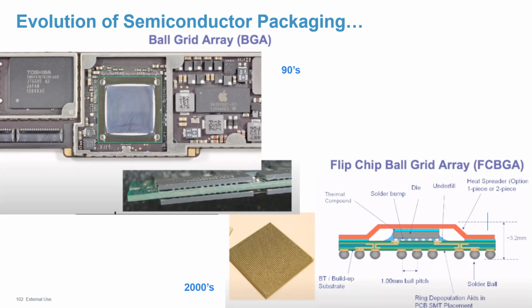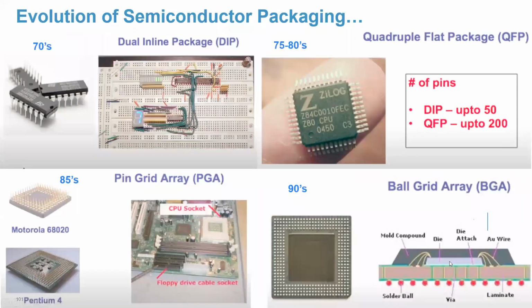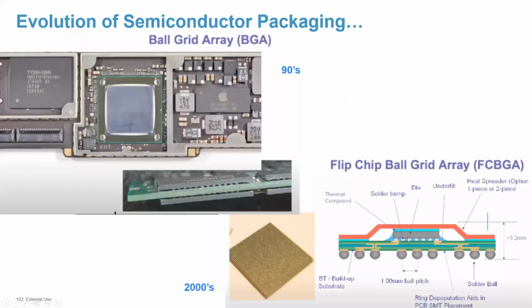This is where the ball grid array also started evolving into a new evolution called the flip chip ball grid array. And this is actually the dominant package in the marketplace right now. What it is doing is that the chip is now flipped over. In the previous era, the active area was on the top, but in the flip chip, the active area is brought down next to the carrier substrate, and the active area is directly connected through micro bumping onto the interconnect points on the carrier substrate.